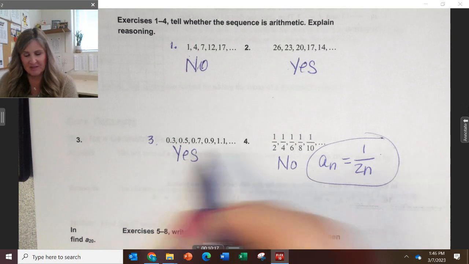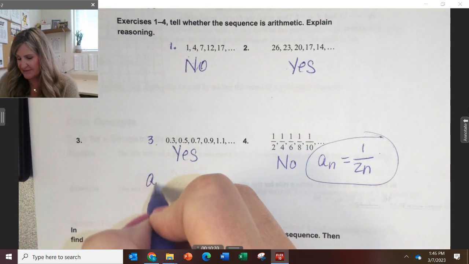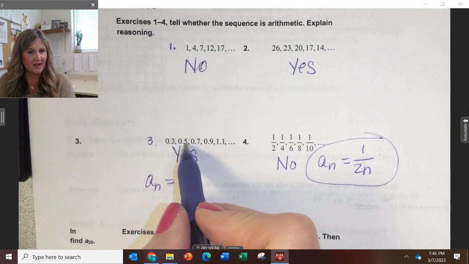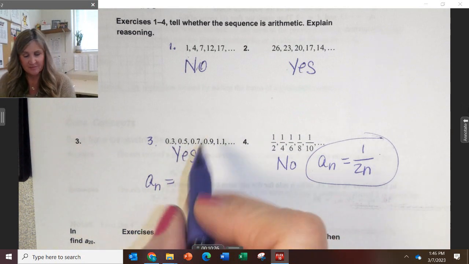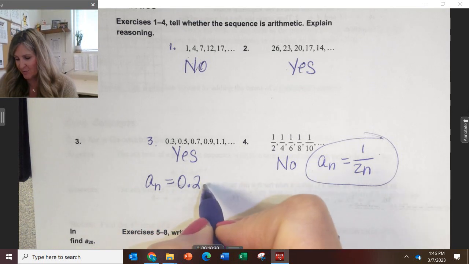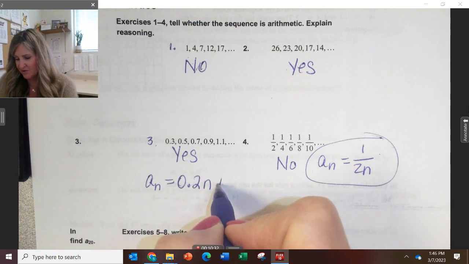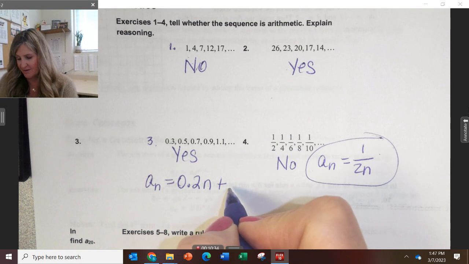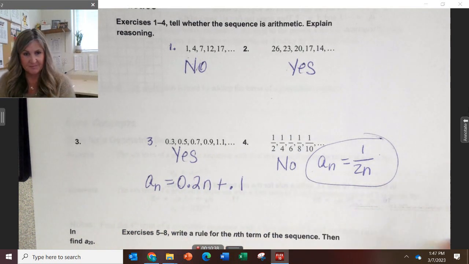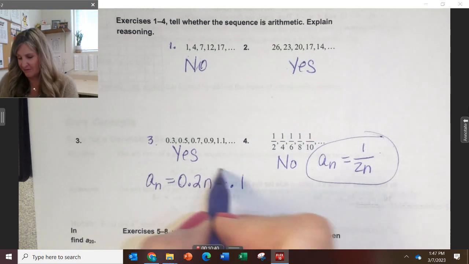Let's come up with the formula for this one real quick. A sub n equals, what's our d value here, you guys? It's 0.2. So it has to be 0.2n plus what to make it work out? 0.1, right. Okay, so that would be that one.